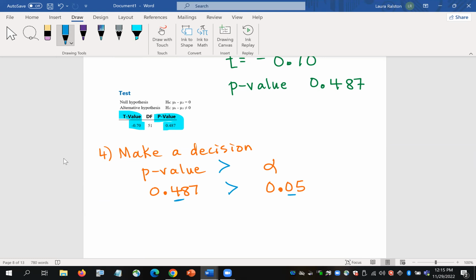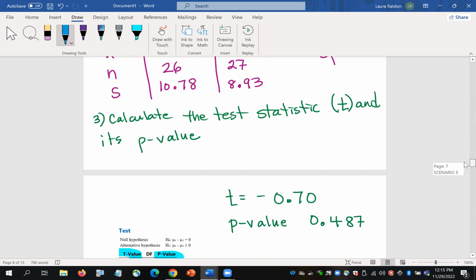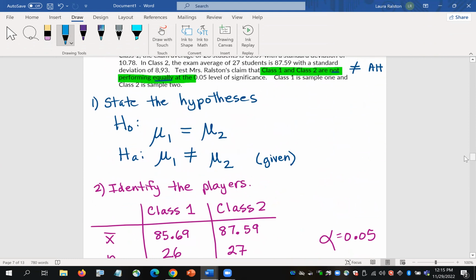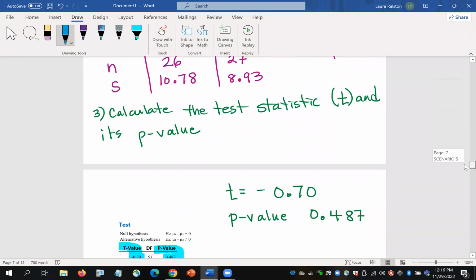When p is greater than alpha, we fail to reject the null. If we fail to reject the null, the null is true and the alternative is false. So based on the evidence, Ms. Ralston's claim is incorrect because class 1 and class 2 are performing equally.